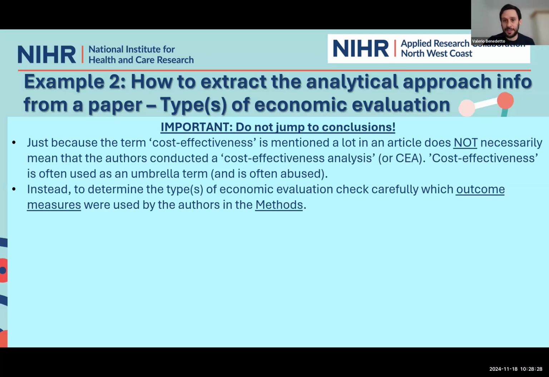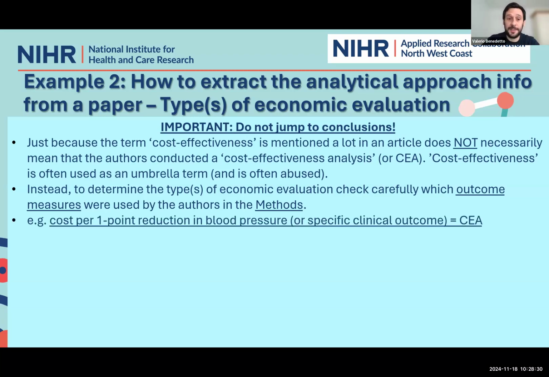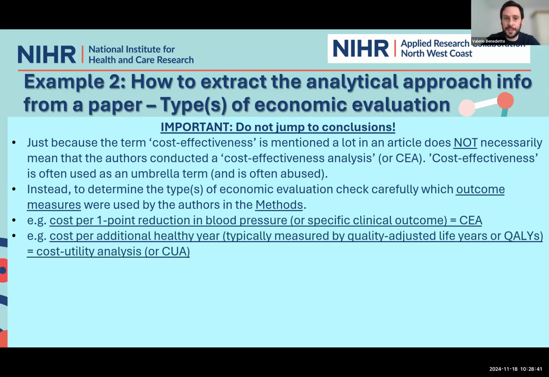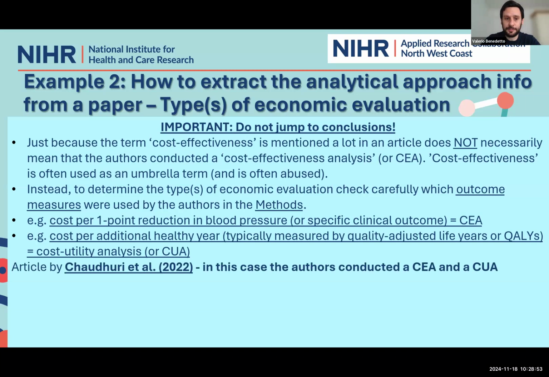But if it's something else, maybe it's a cost effectiveness analysis. Here you got a few examples. So cost per one point reduction in blood pressure, or another specific clinical outcome, then you got a cost effectiveness analysis. If you got a cost per additional healthy year, which is typically measured by quality adjusted life years, so QALYs, we will cover QALYs in session 4, so don't worry about them for now, you got a cost utility analysis.